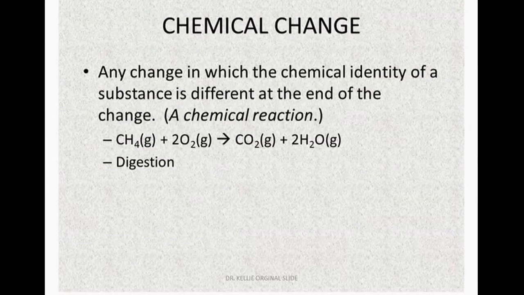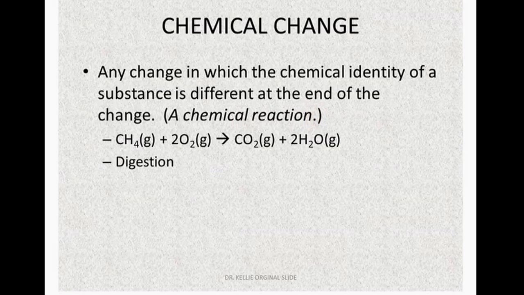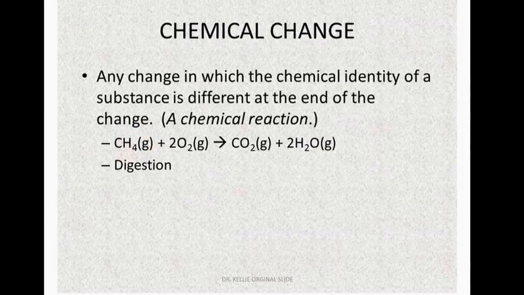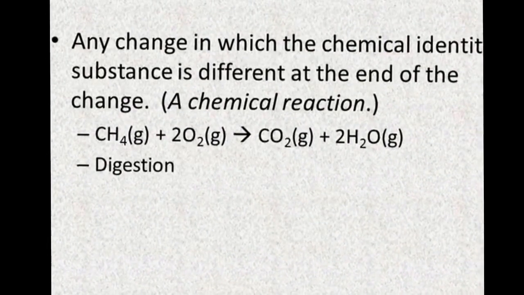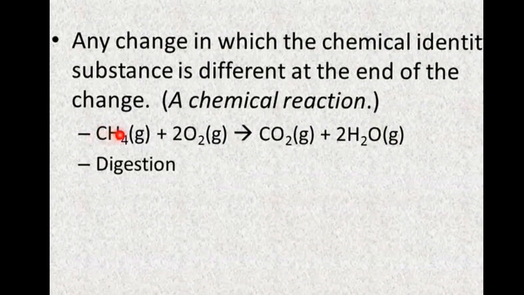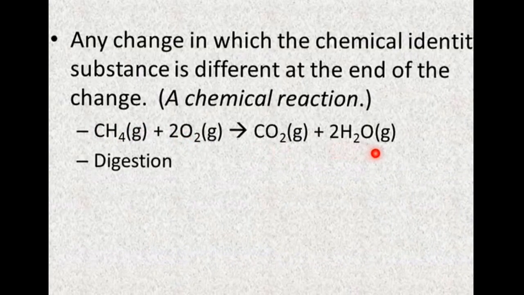A chemical change is any change in which the chemical identity of a substance is different at the end of the change. A chemical change can also be referred to as a chemical reaction. A classic example is combustion. Here's combustion that occurs in our everyday life. We have natural gas reacting with oxygen to yield carbon dioxide and water.